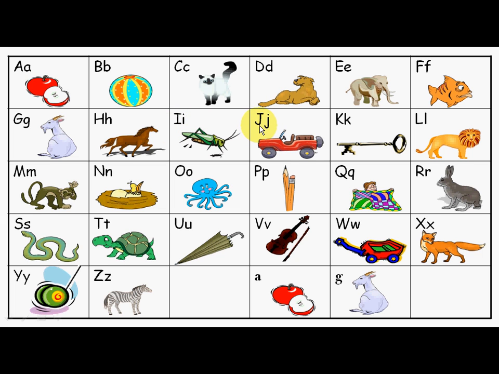J, jeep. K, key. L, lion. M, monkey. N, nest.